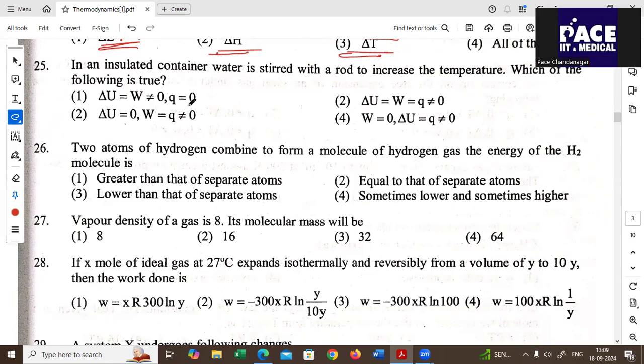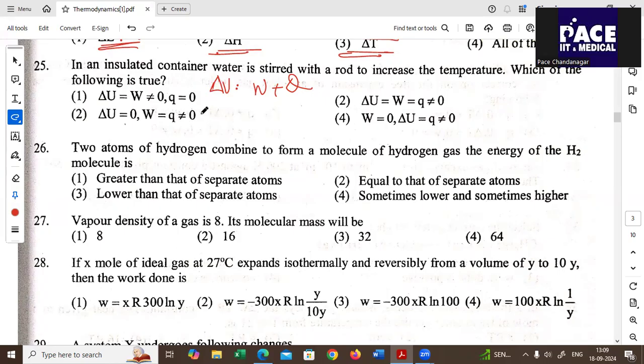In an insulated container, water is stirred with a rod to increase the temperature. Which of the following is true? As you stir the water, we know delta U is equal to W plus Q. It is being stirred to increase the temperature.